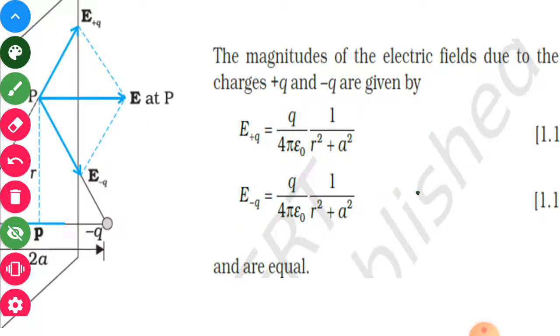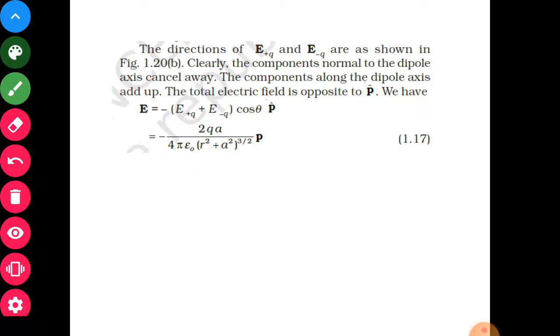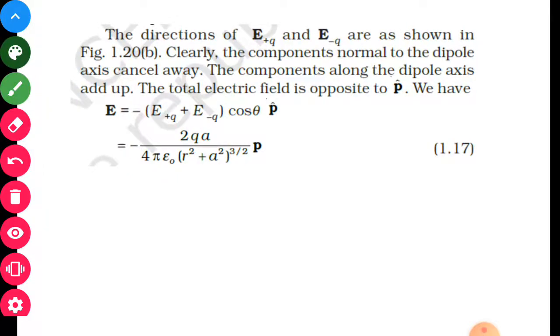So we move further. Just go through it. The directions of E plus Q and E minus Q are shown in the figure. The components normal to the dipole axis cancel away.